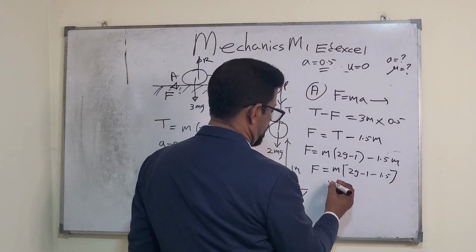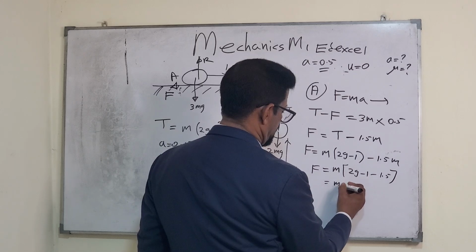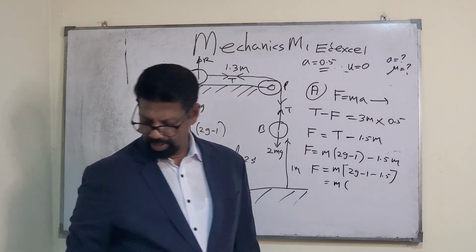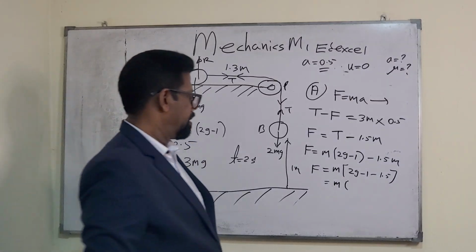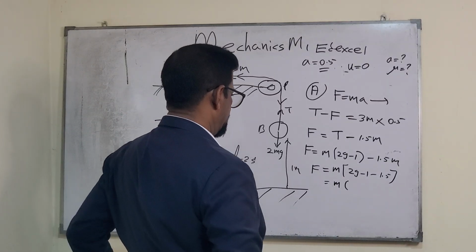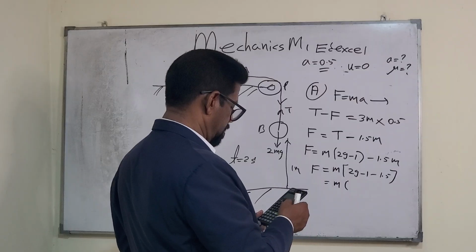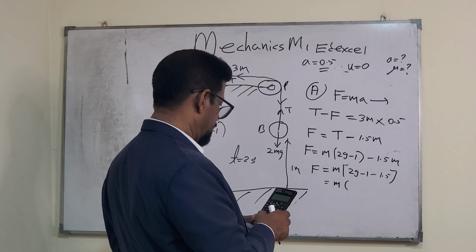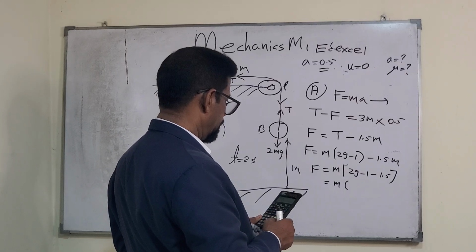So the answer comes using the calculator. We know gravity is 9.8, no? 2 times 9.8, enter.